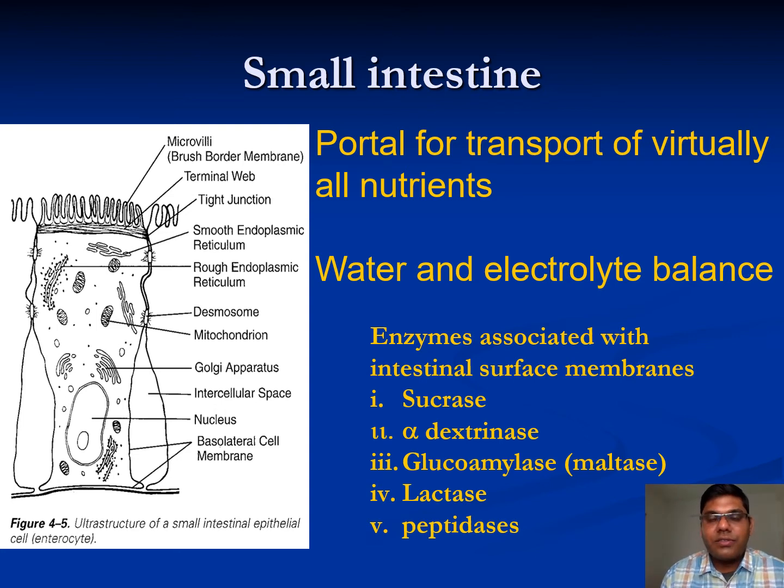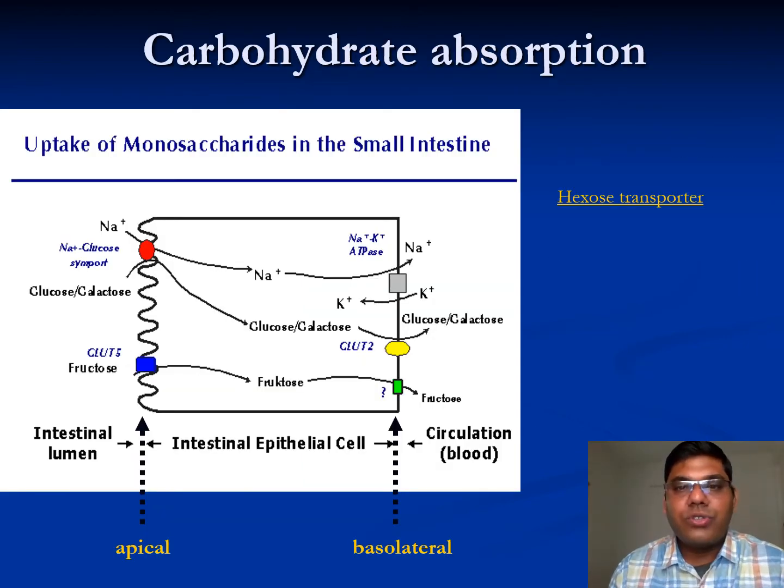There is water and electrolyte balance which needs to be maintained, and here there are several organelles: the rough endoplasmic reticulum, mitochondria, Golgi apparatus, and nucleus. These are long cells, and the enzymes associated with the intestinal surface membranes are sucrase, alpha dextrinase, glucoamylase, lactase, and peptidases. So what happens?